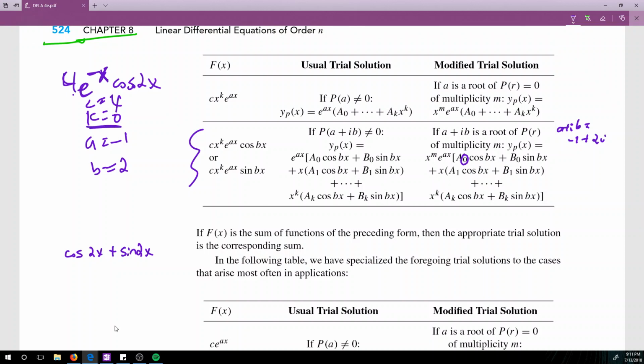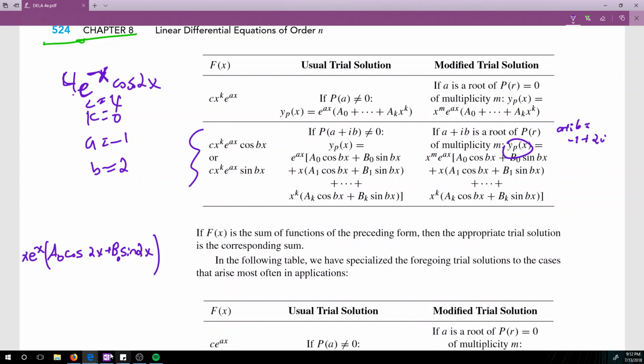Here we see that k is 0, which means we only need to take the a naught plus b naught term. So we have a naught cosine 2x plus b naught sine 2x. Now we need x to the m e to the ax, which is simply x to the first, so we don't need to write the 1, and then e to the negative 1 times x, so e to the negative x. And that is going to be our guess for yp.